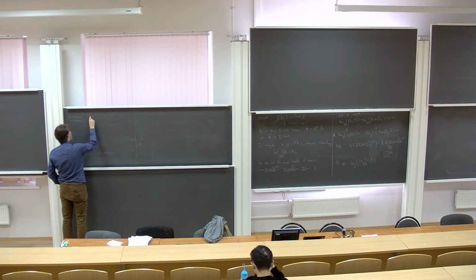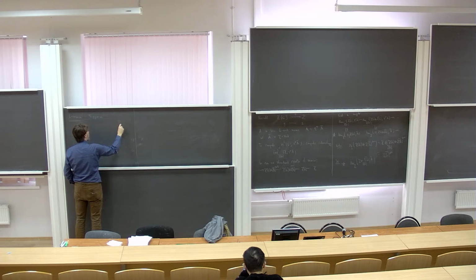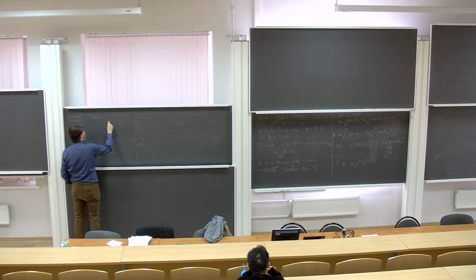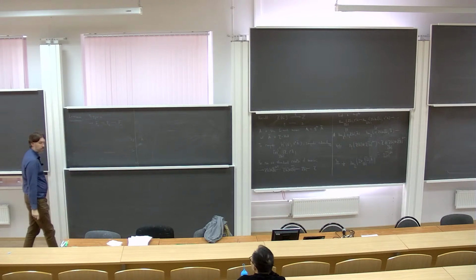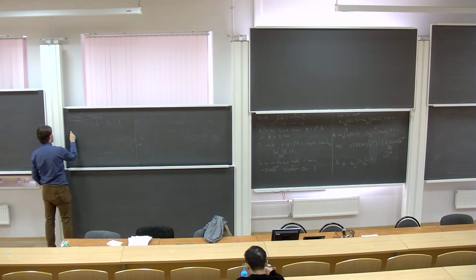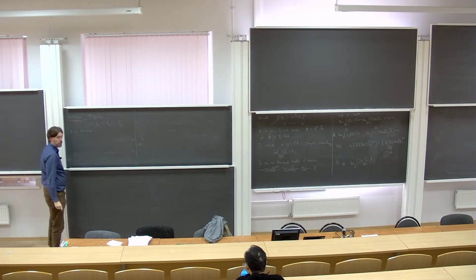So suppose F0, F1, F2, and so on, is a complex of free abelian groups.